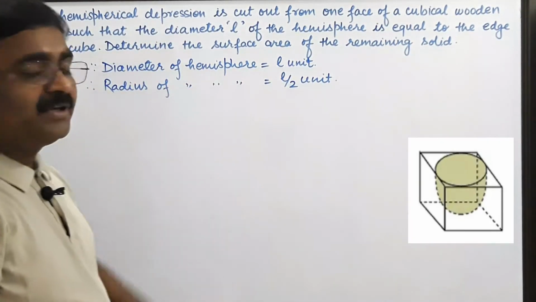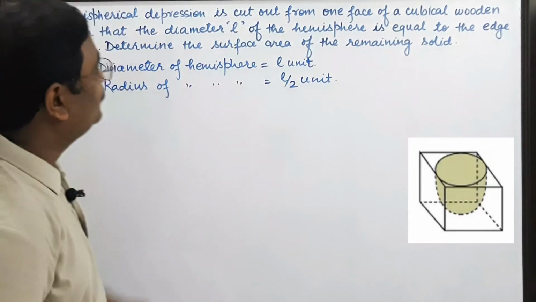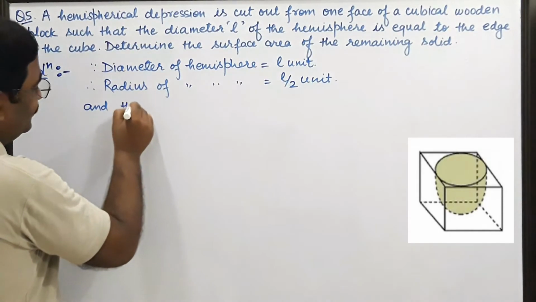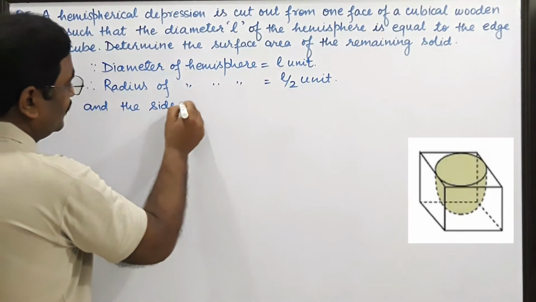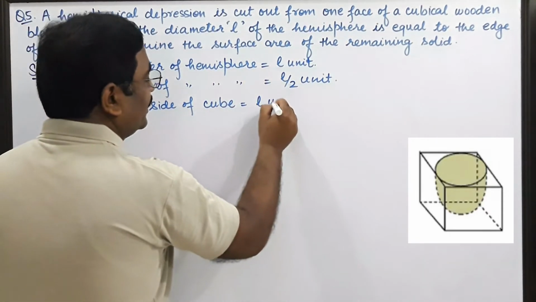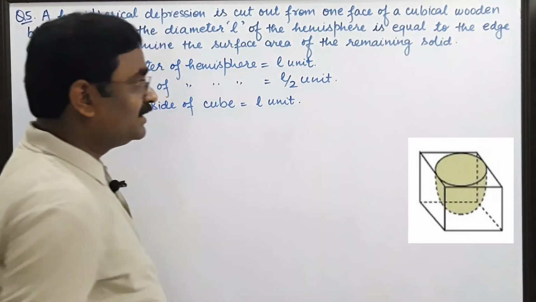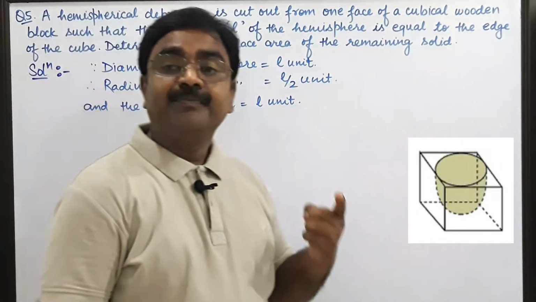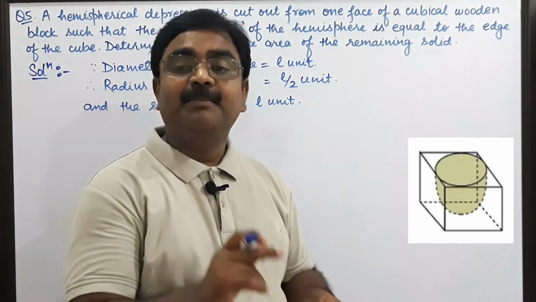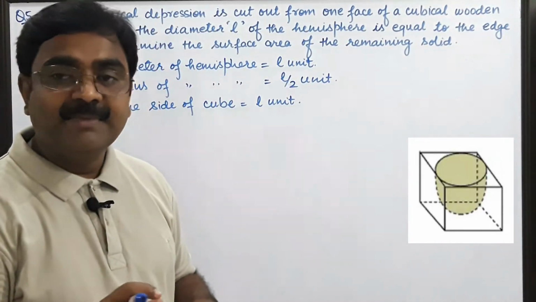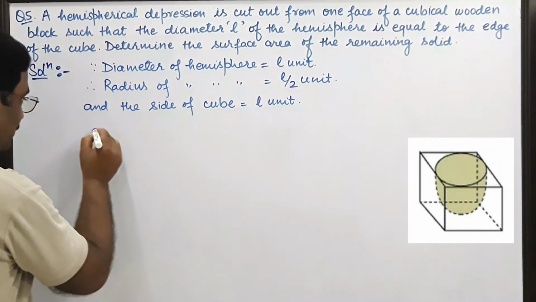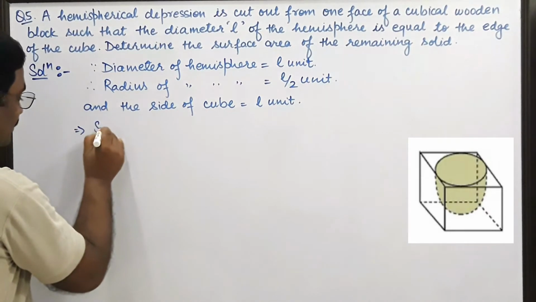And this diameter of the hemisphere is equal to the edge of the cube also, and it is given that the side of the cube is equal to L unit, right? As it is clear from the figure that from the total surface area of the cube, the base of the hemisphere will be subtracted, and after that we are going to determine the surface area of the remaining solid.